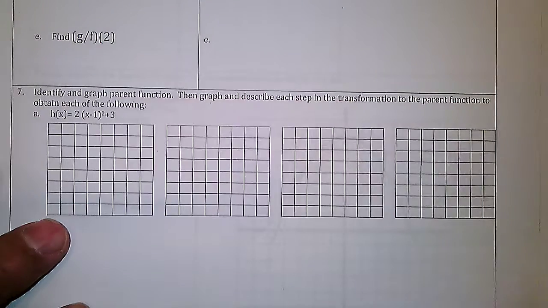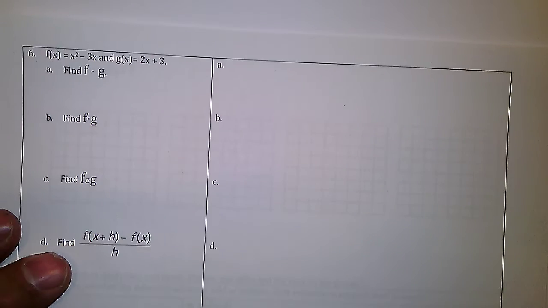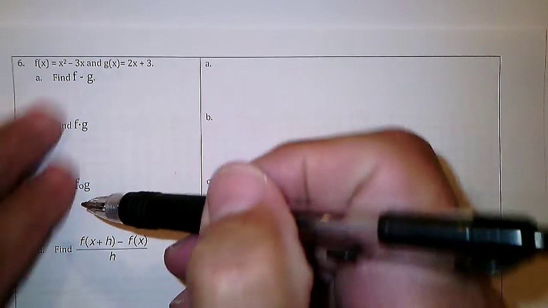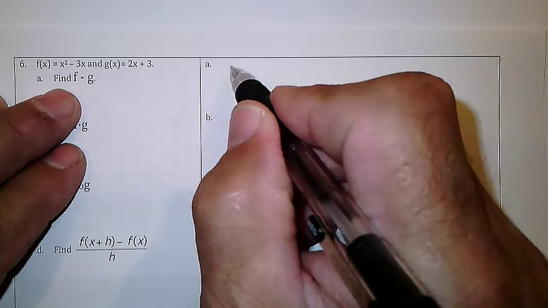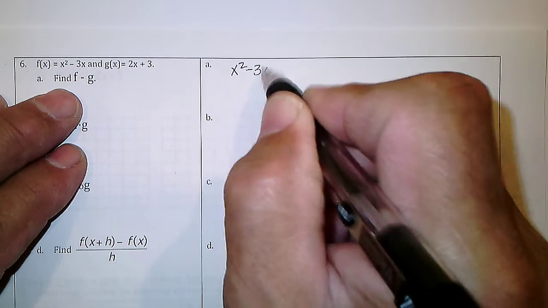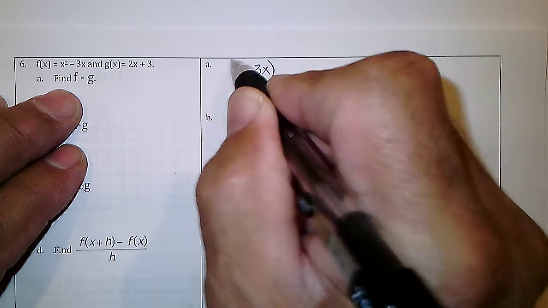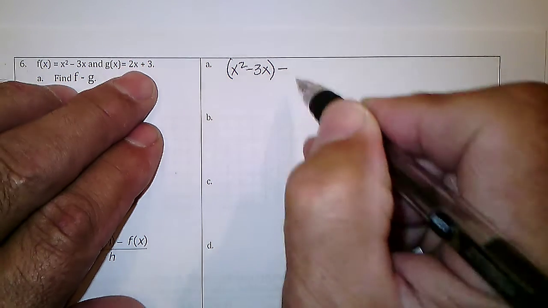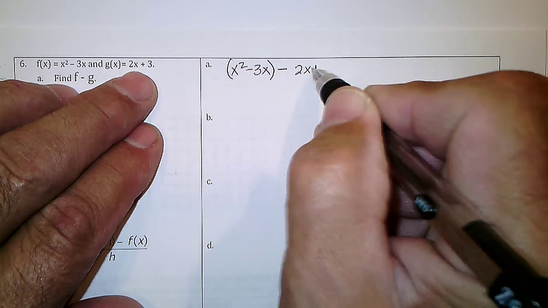Page 3. It says find f minus g. Well, f is x squared minus 3x, minus, notice I'm putting in parentheses, and g is 2x plus 3.